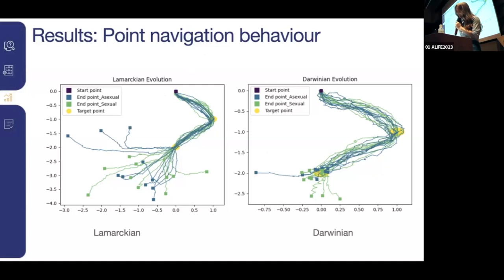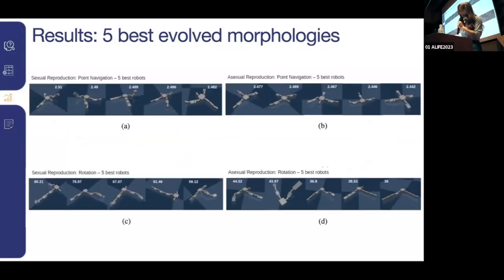And the green lines are from the sexual reproduction, ending at the green squares. The two yellow circles are the target points which robots aim to pass through. So we can see that the trajectories from the best robots within the Lamarckian framework reach the target points much faster than the ones from the Darwinian framework.